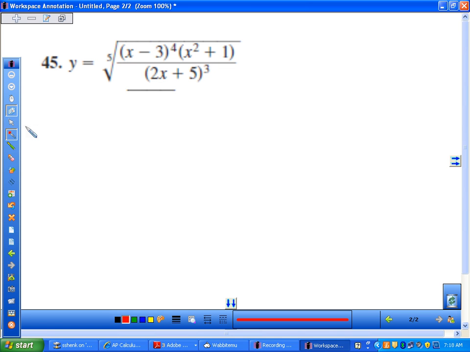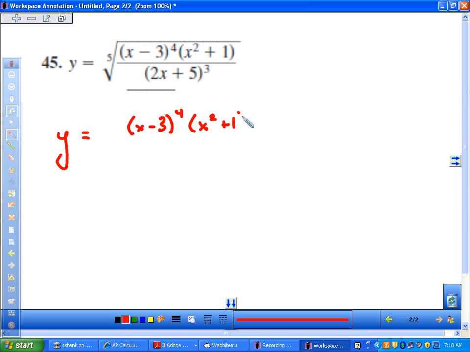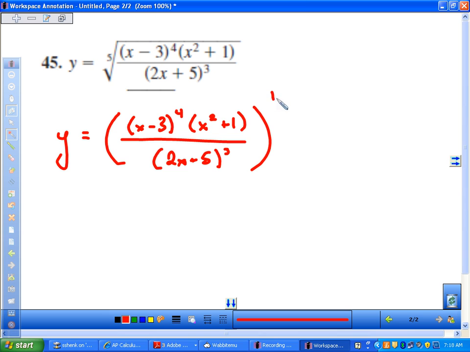There's a lot of simplifying down here in 45. Y equals, well, we're taking the 5th root of this whole set, which means this whole set is going to have to go inside of a parentheses. And a 5th root means we're going to raise to what power? To the 1/5 power. Okay. Well, now we've got 3 factors inside here.